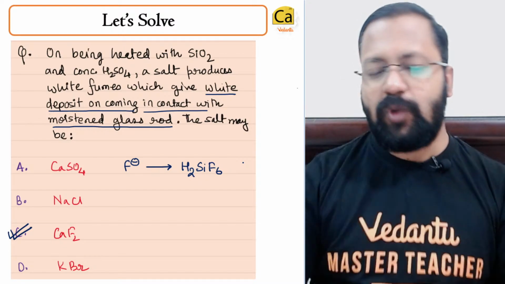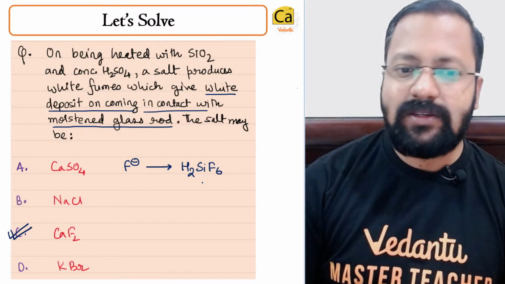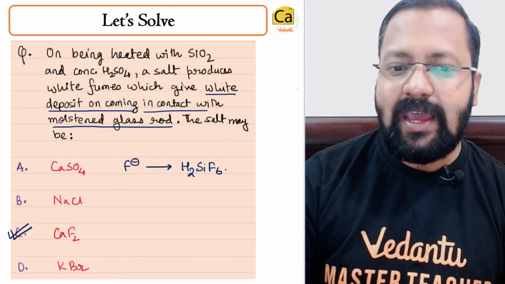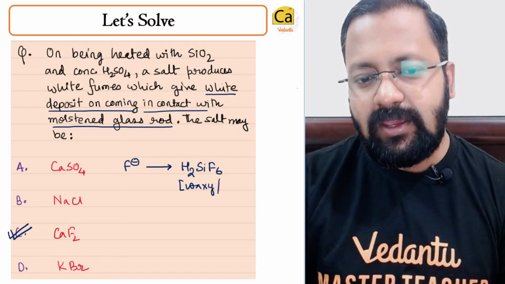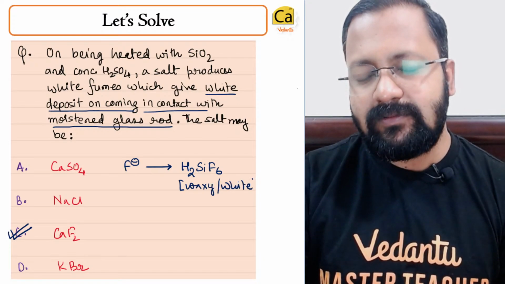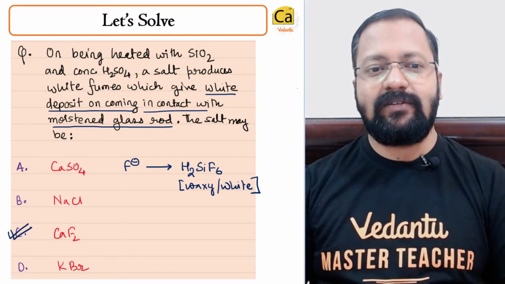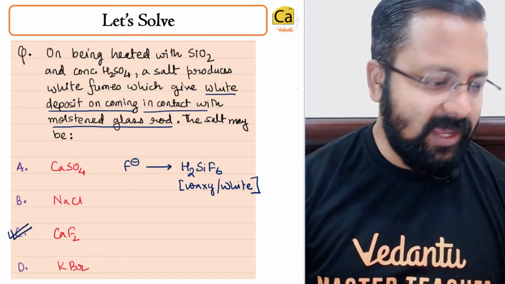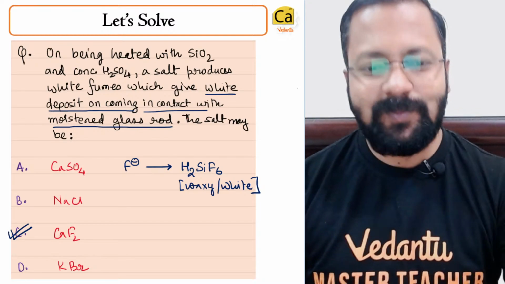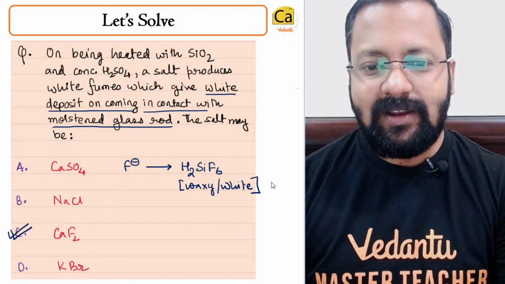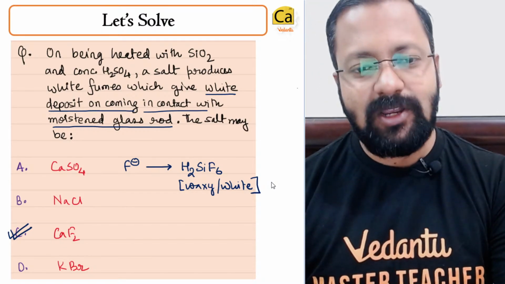When it comes in contact with moisture, it gives H2SiF6, that is hydrofluorosilicic acid, and hydrofluorosilicic acid appears as waxy or white. ठीक है? Clear? Any doubts? बताइए, कोई दिक्कत, कोई परेशानी?